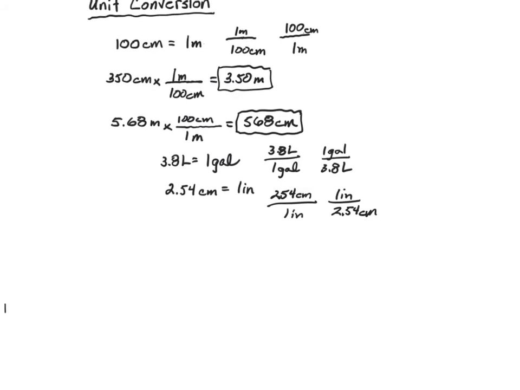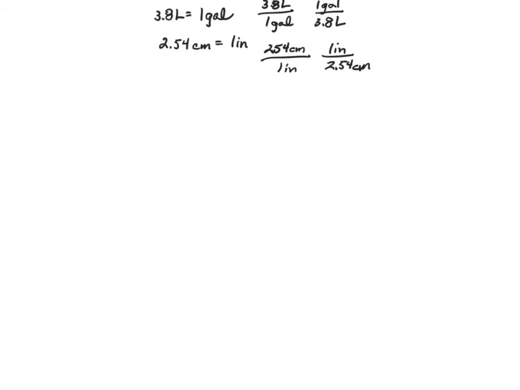There are some units that are not related to each other in this way, most notably units of temperature. Okay, there are three different units of temperature that we concern ourselves with in chemistry. We have the Fahrenheit scale, the Celsius scale, and the Kelvin scale. Now you may be asking yourself, why are there so many different scales here? Well, there's actually a pretty good explanation for it.